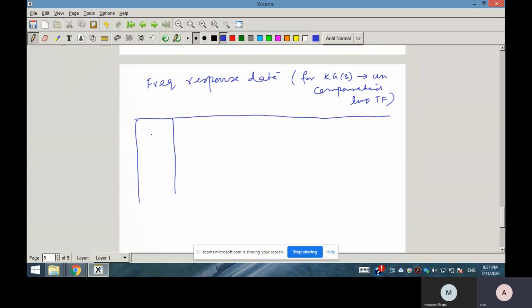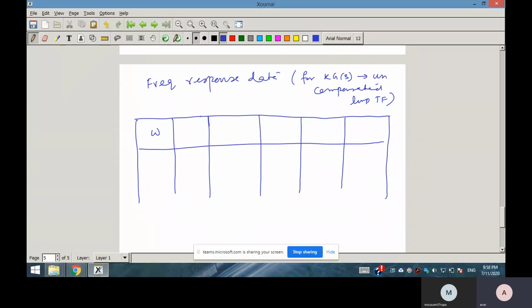First is your omega, then phase margin, then M in dB, then again omega, phase. Here omega is in radian per second, here phase is in degree, and M is in dB.